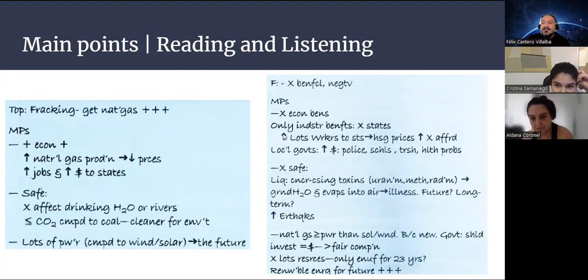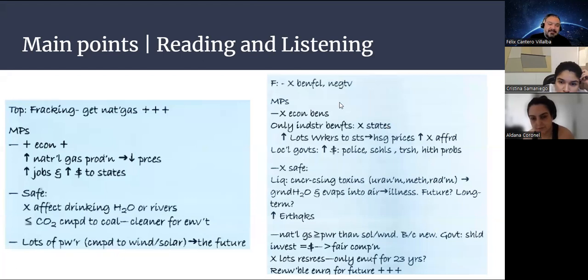It says only the industry benefits, not the states, because there is an increase of workers that makes housing prices increase and the local people cannot afford it anymore. The local government has to spend more money on police, schools, and trash and stuff, with money that they don't have. So that's the first point.